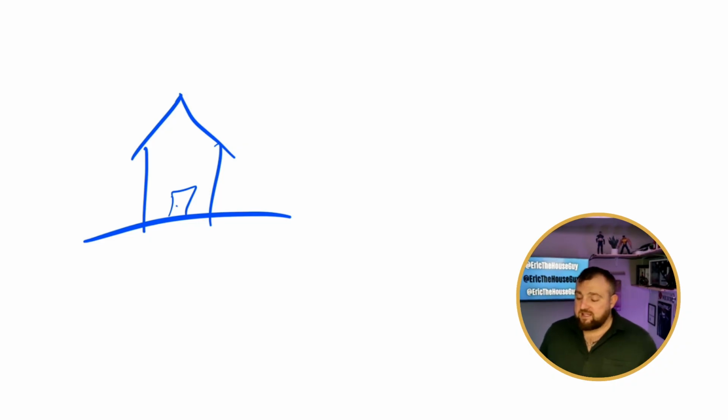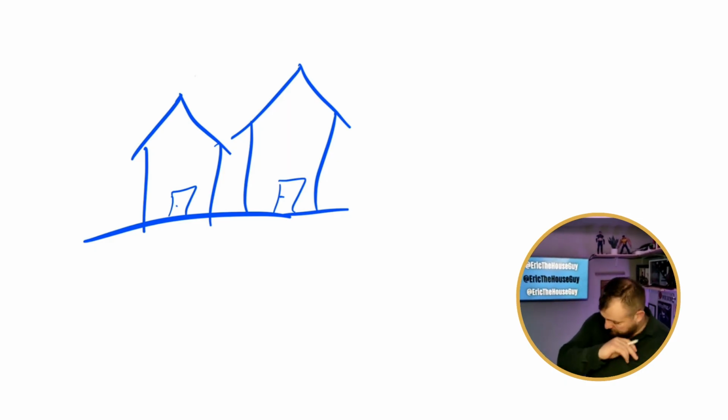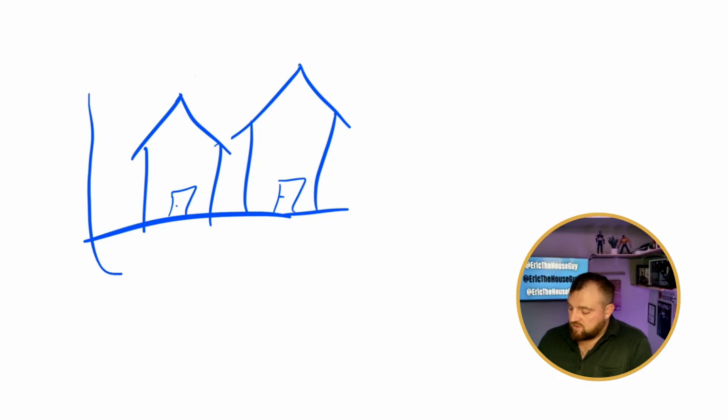Now, let's get into duplex. So this is a single family, SFR. Now, if we take it and we add another roof and another building with another door, front and back. This can be separated or together as long as it's on the same parcel.